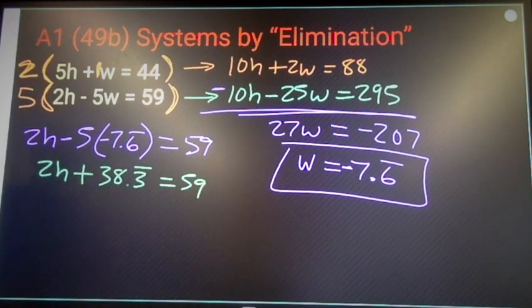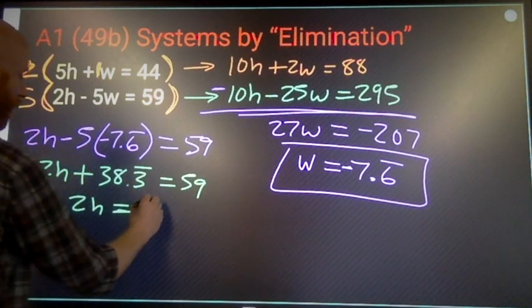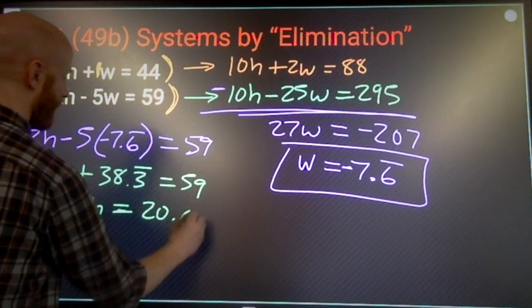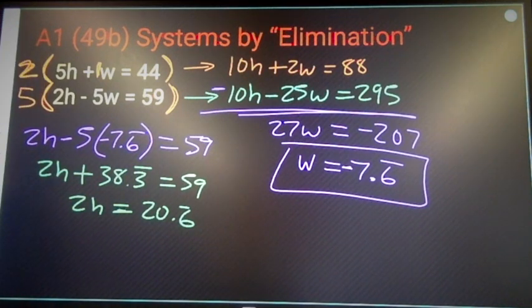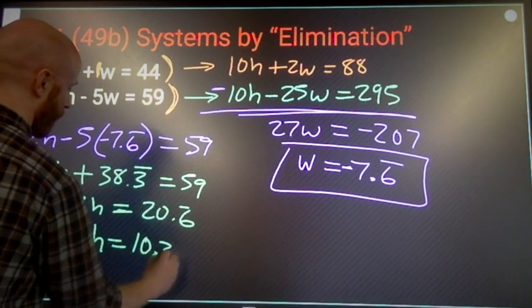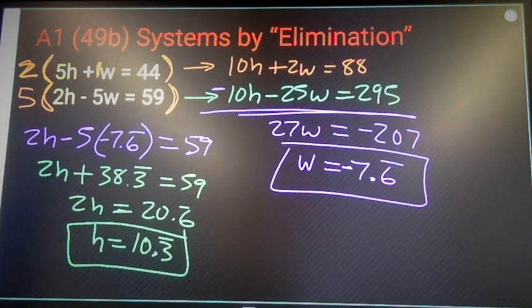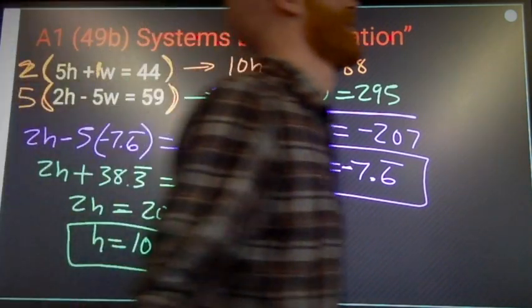I'm going to subtract 38.3 repeating from both sides. We got 2 h's equals 20.6 repeating. Divide both sides by 2. We got h equals 10.3 repeating.